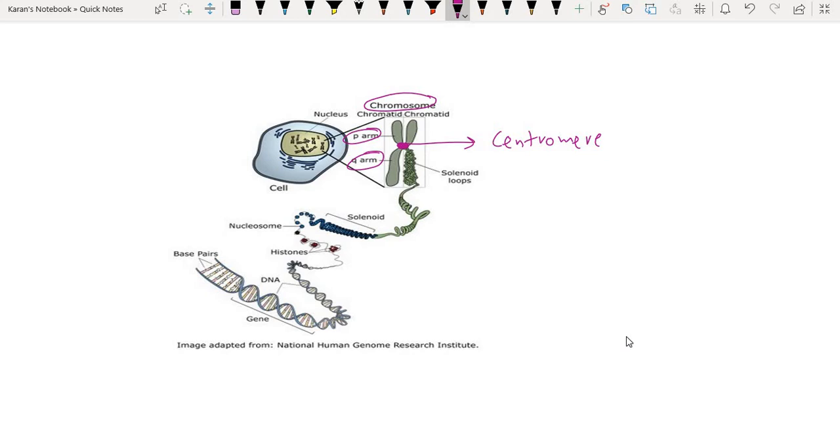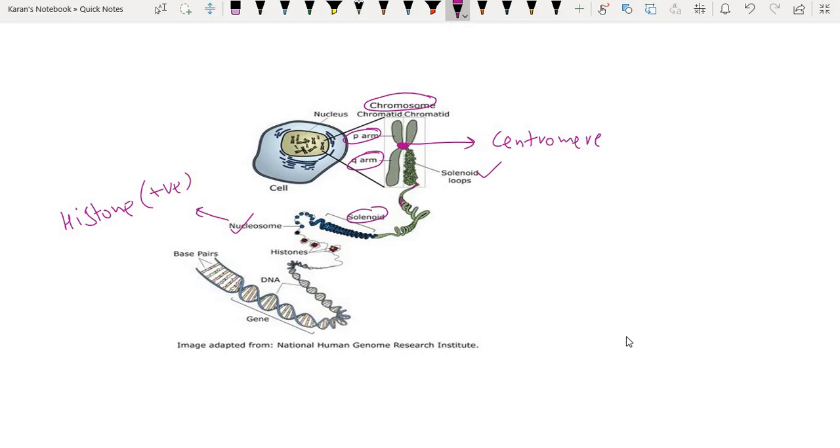If I open this arm or the chromatid, I will get the solenoid loops. So here the chromatin fiber has been opened up and you can see the loop of solenoid. And moreover, this structure is known as nucleosome. Nucleosome is basically the histone protein, which is positively charged because of the two different amino acids, lysine and arginine.